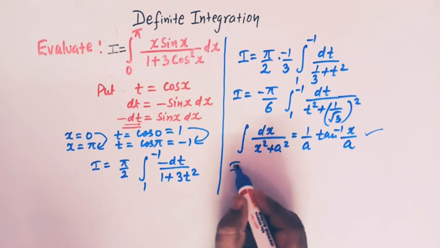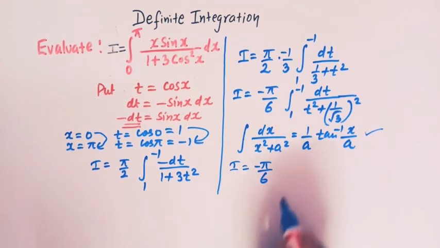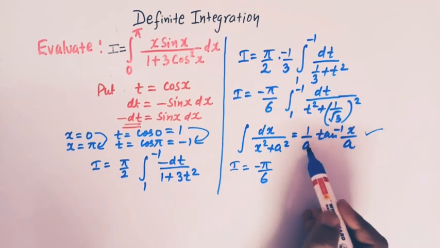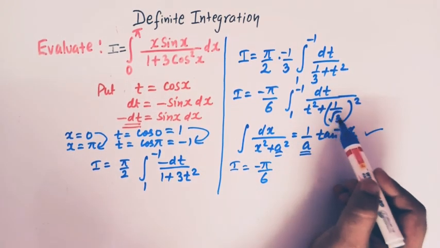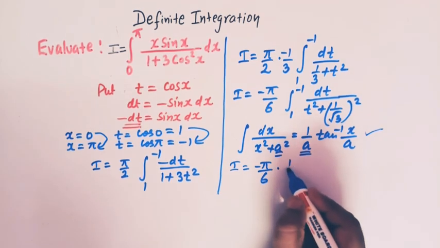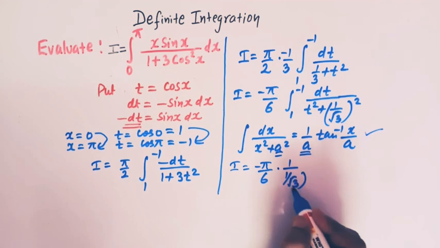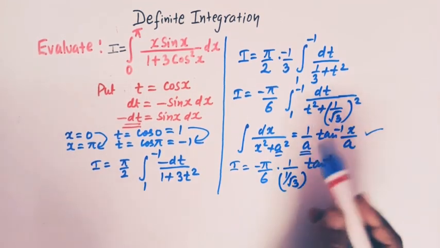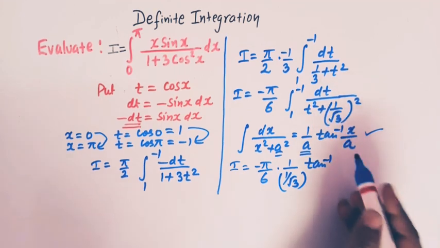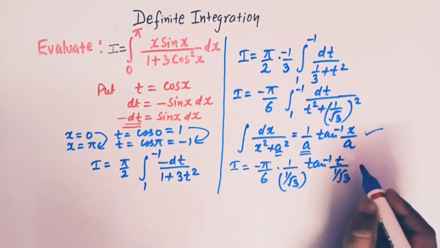So now I is equal to minus pi over 6, and here for a we have 1 over root 3, so here we have 1 over 1 over root 3, and tan inverse for x we have the variable t, and for a we have 1 over root 3, right?